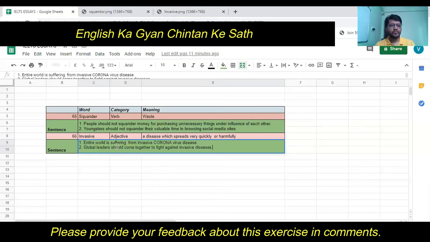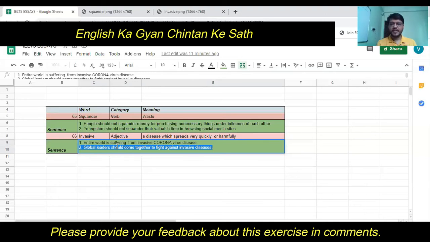Now let me go to the second sentence that I have created for this word. Again, it is somehow positive: the global leaders should come together to fight against invasive diseases. I'm not talking only about the coronavirus. I'm talking about all the diseases which are invasive, which spread very quickly and which are really harmful.